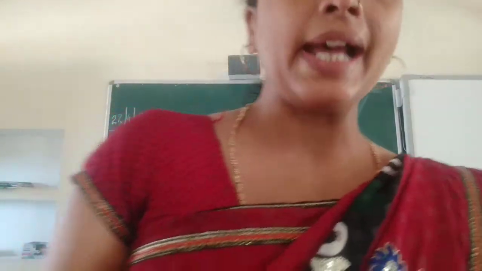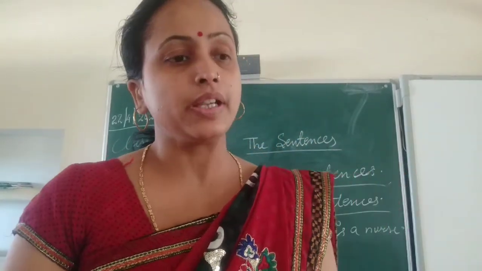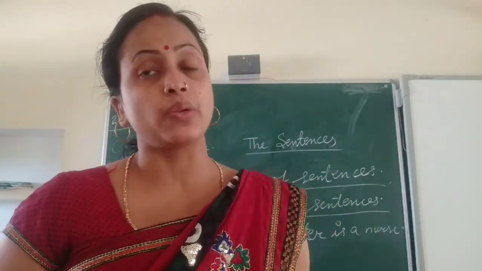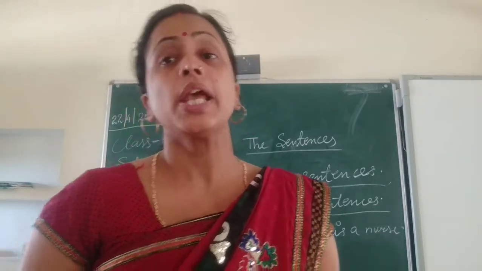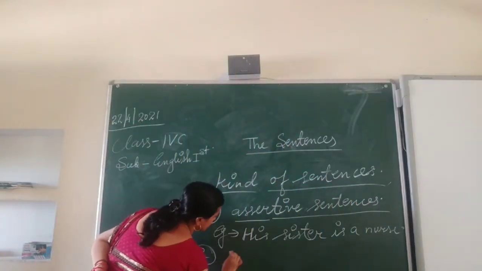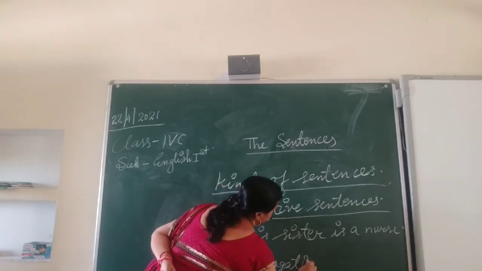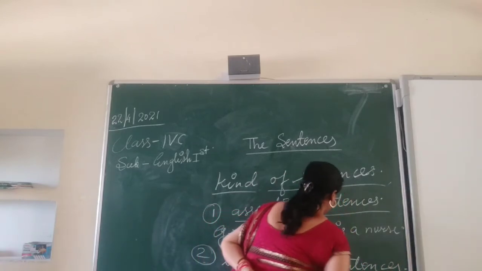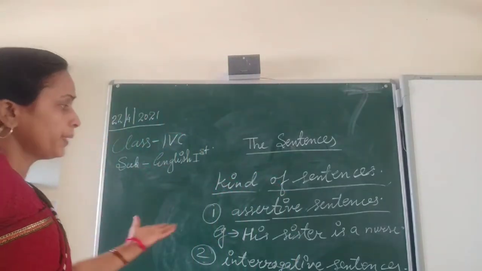Now we will see another sentence, the interrogative sentence. Interrogative sentences ask a question. Whenever we ask a question, those sentences are known as interrogative sentences. So the second is the interrogative sentence.